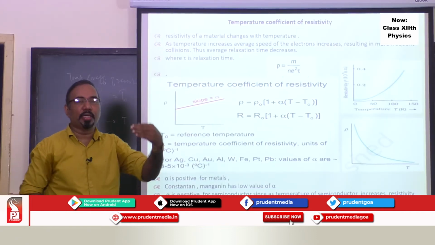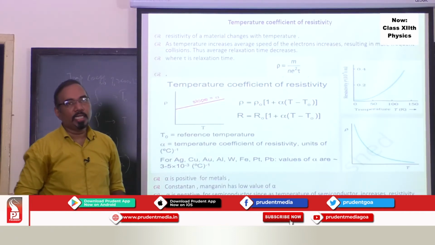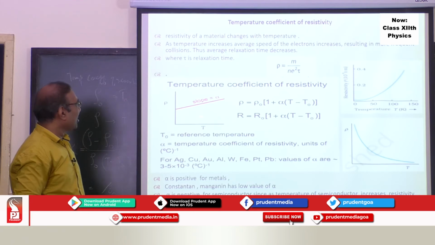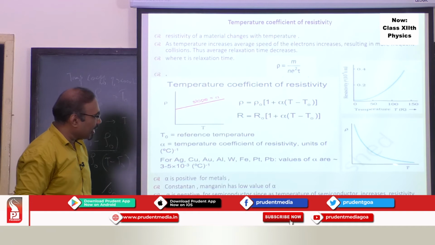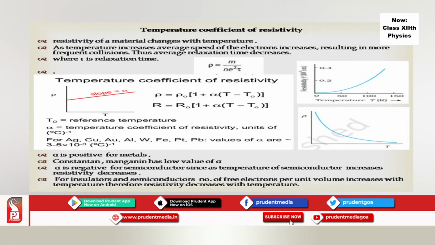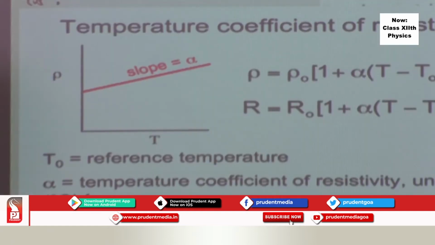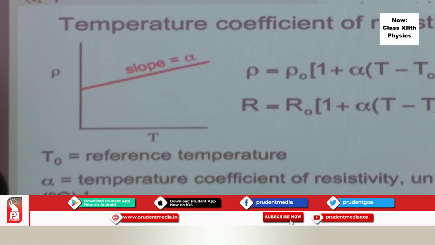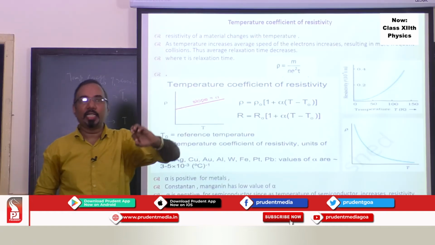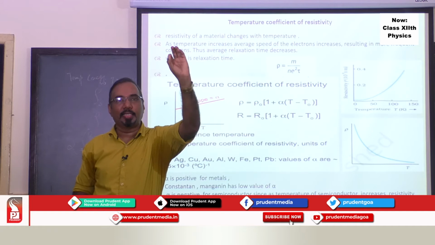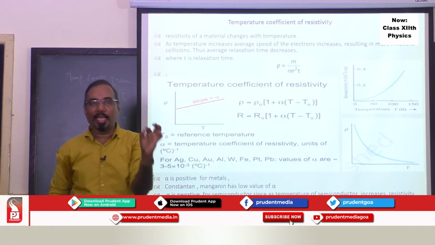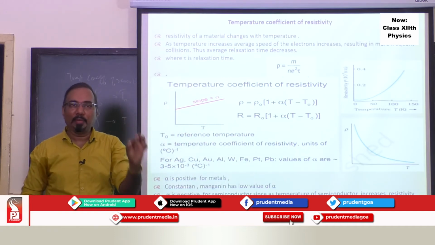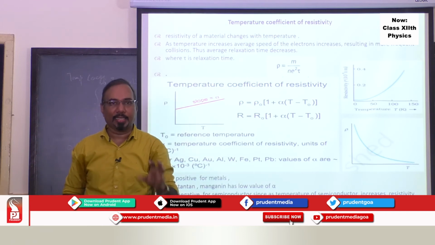As the temperature increases, for conductors resistivity increases, and for semiconductors resistivity decreases. The slope of the resistivity-temperature graph gives you the alpha value. If alpha is high, the resistance of that material changes more. If alpha is less, the material's resistance changes less.